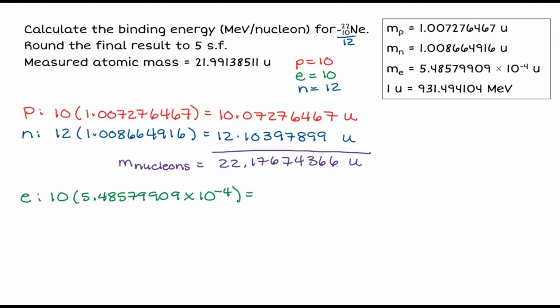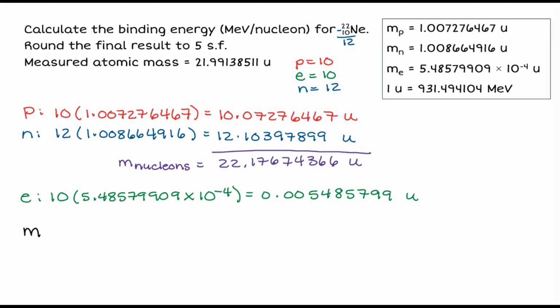When we multiply those together, 10 times that, rounded to 10 digits for consistency, and I'll put this in decimal notation, we get 0.005485799 u.